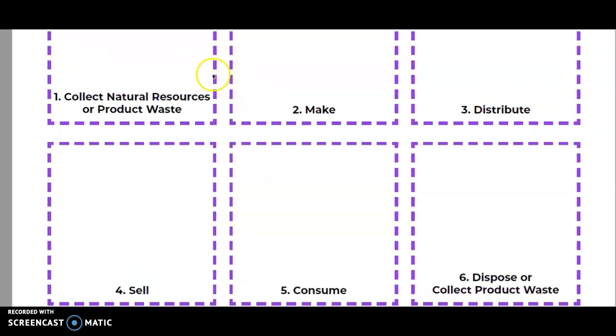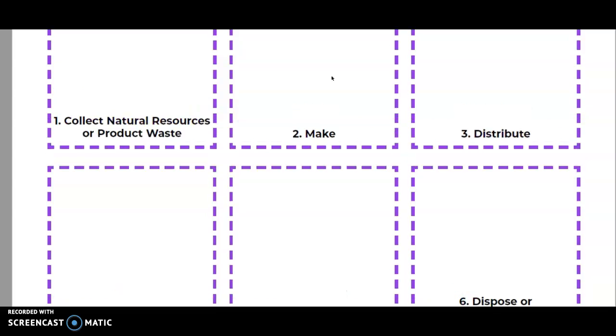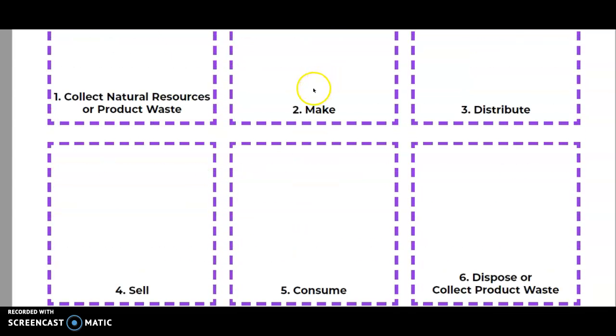And the idea here is that you can imagine the life cycle of that product, yes? What natural resources you need to make that product, how that product is made after your investigation, if it is made in a factory, if it is made in a small workshop or where, yes?